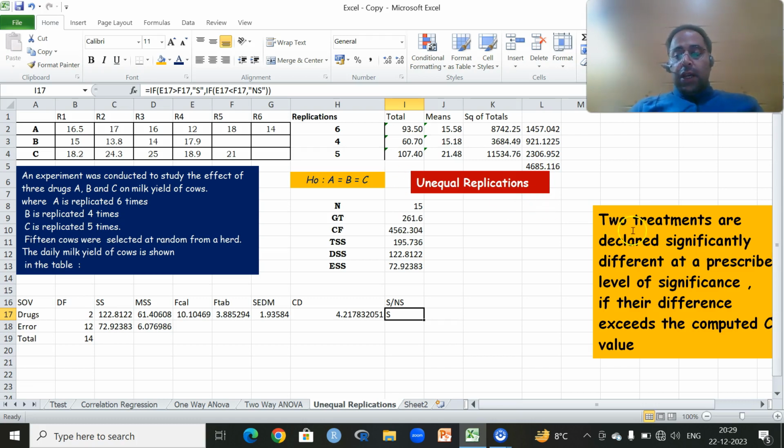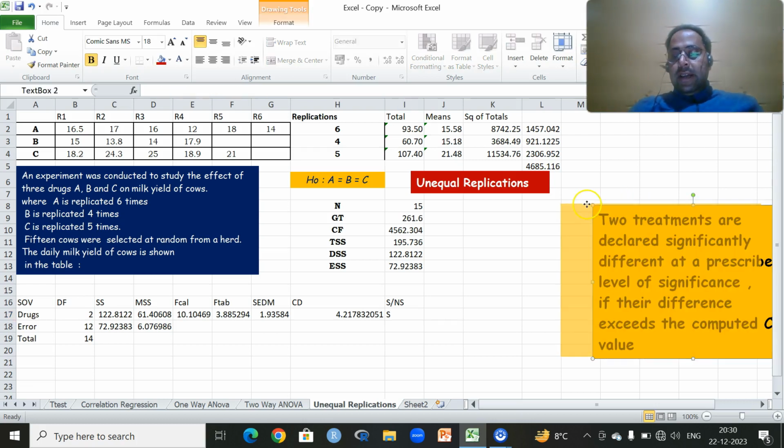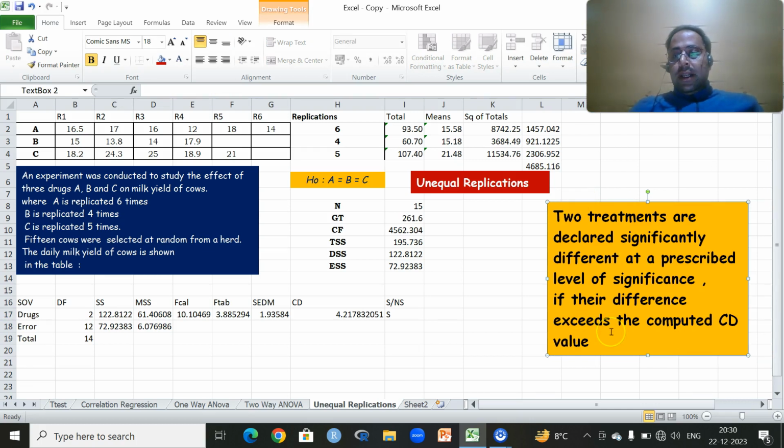Since the thumb rule is that two treatments are declared significantly different at a prescribed level of significance, which is usually chosen before conducting an experiment, like 5% or 1%. 5% is usually used in case of agricultural sciences, and if their difference exceeds the computed CD value, that is least significant difference or the critical difference we say, then they are considered to be significant.